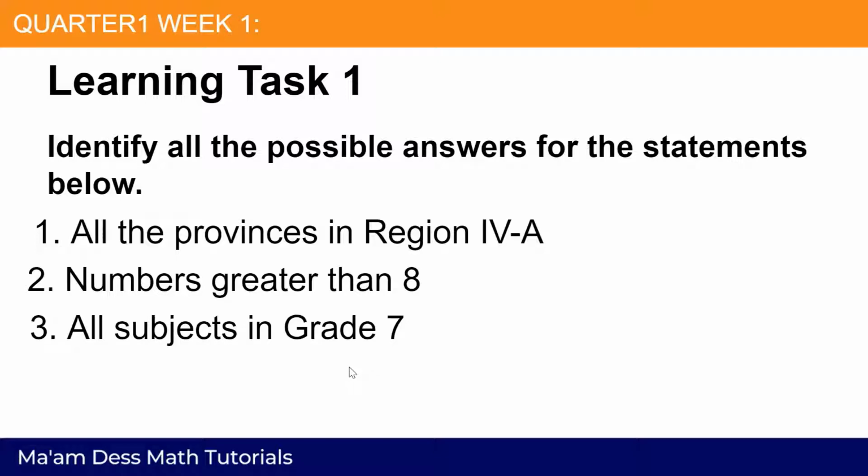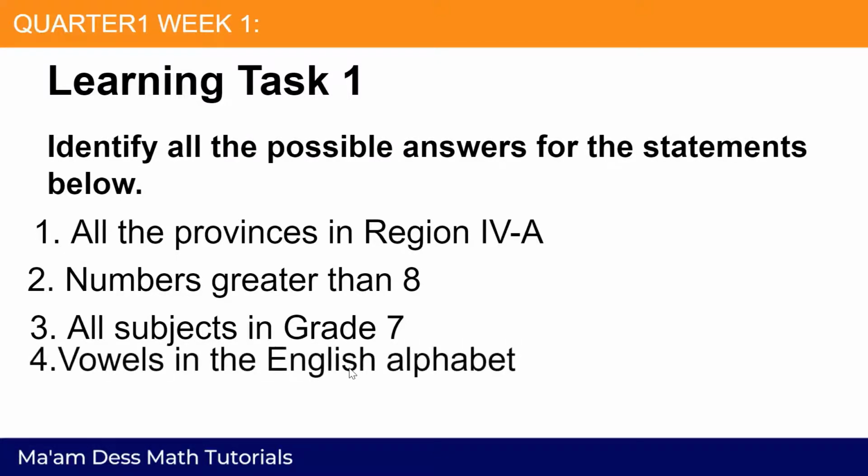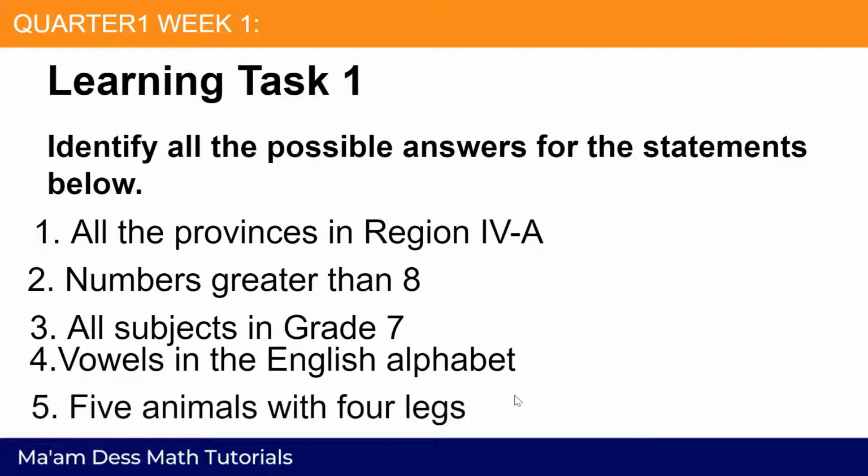Let us have number 4. Vowels in the English alphabet. Again, vowels in the English alphabet. So we can identify the vowels in the English alphabet as A, E, I, O, U. So we have 5. And number 5, 5 animals with 4 legs.